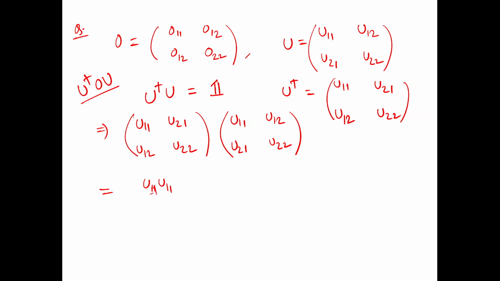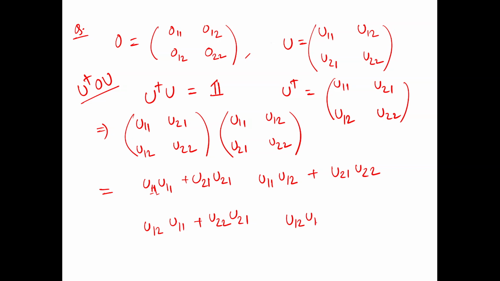We don't know whether U11 or U21 are complex or real, so it's better to write them explicitly with conjugates. The off diagonal entries are U11 U12 plus U21 U22, and at last you have U12 U12 plus U22 U22.